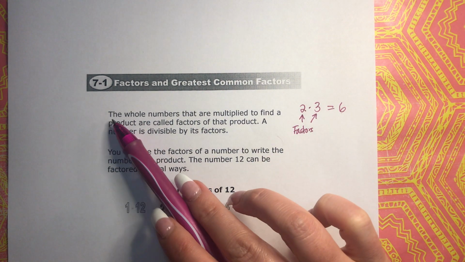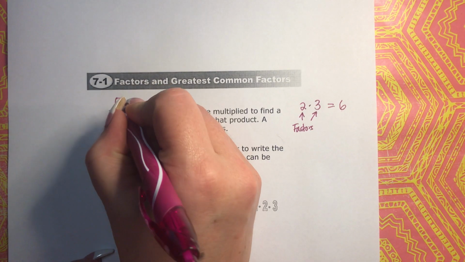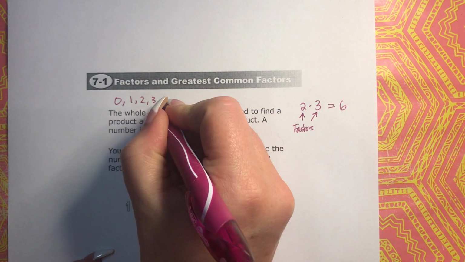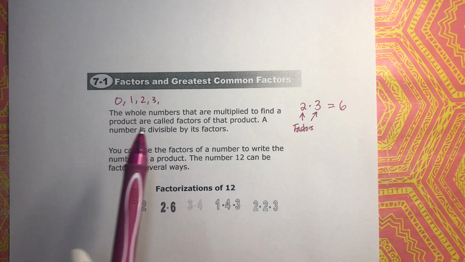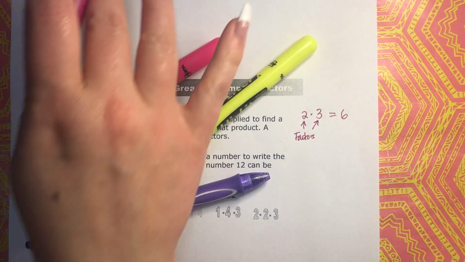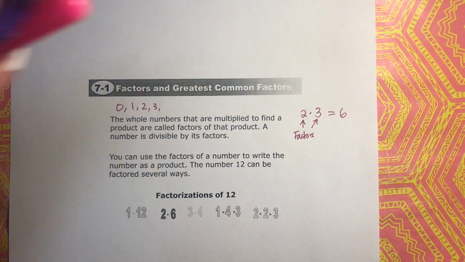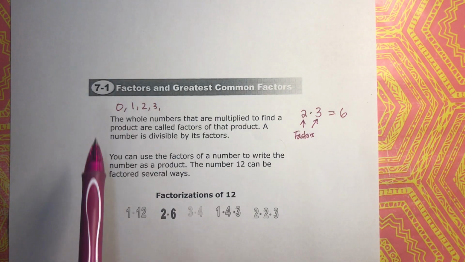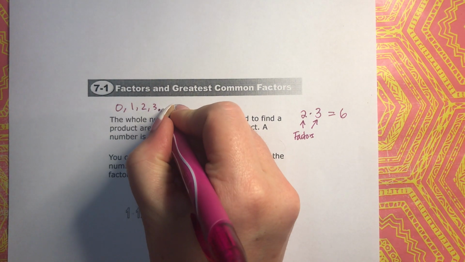I'm going to read that again. The whole numbers, remember, those are 0, 1, 2, 3, and so on. All the counting numbers, like if you were to count pens, you count them 1, 2, 3, 4. So the counting numbers, plus 0. No decimals, no fractions. Those are whole numbers.